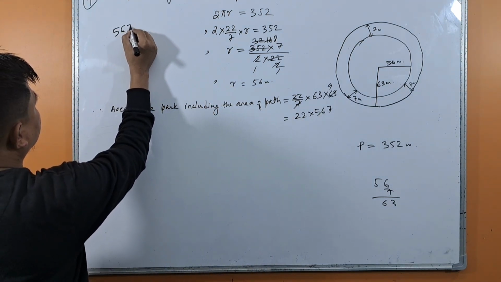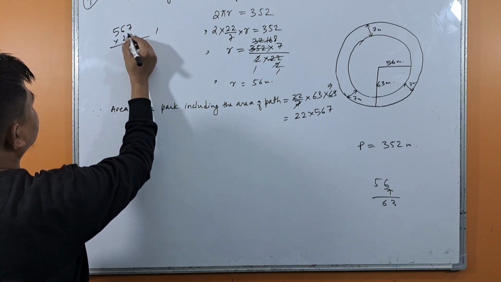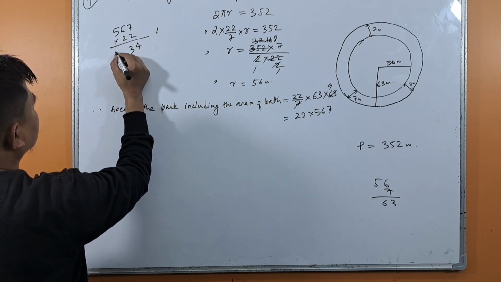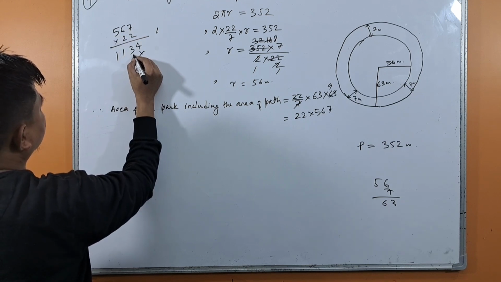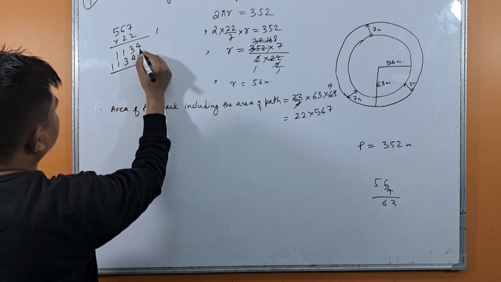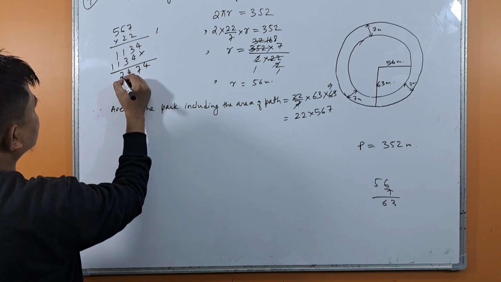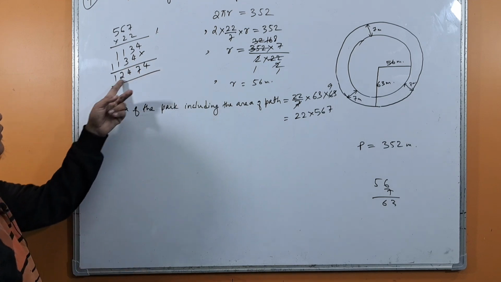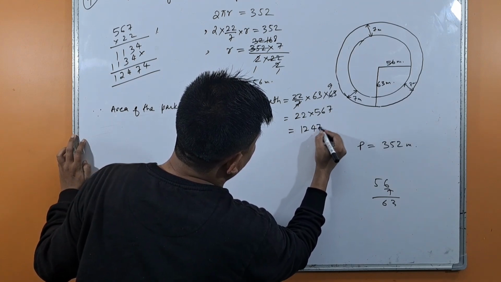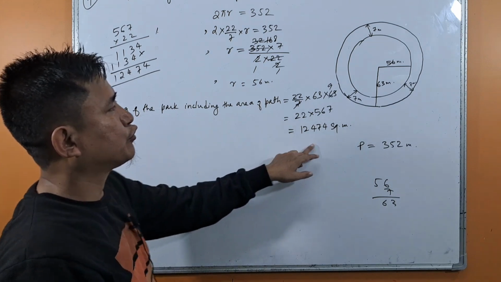Multiplying, we get 12474 square meters. This is the area of the outer circle.